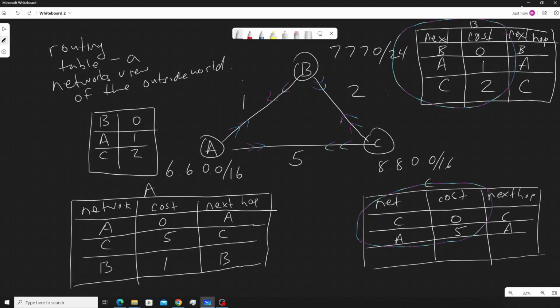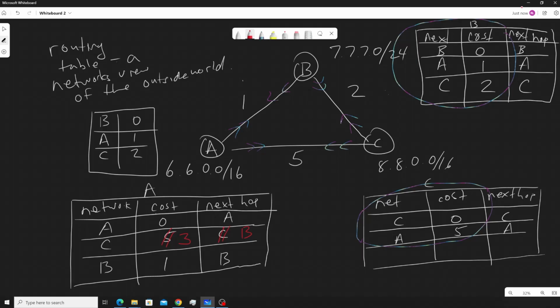And that value is cheaper than the existing 5. So we're going to replace this with 3, and replace this C with B. So instead of sending it to C, we send it to B as our next hop. We still get to C at the end, but we found the cheaper path. Okay, so that is done with this one.